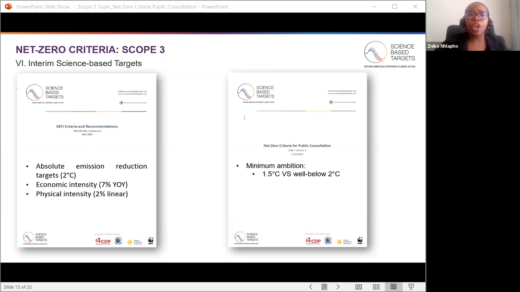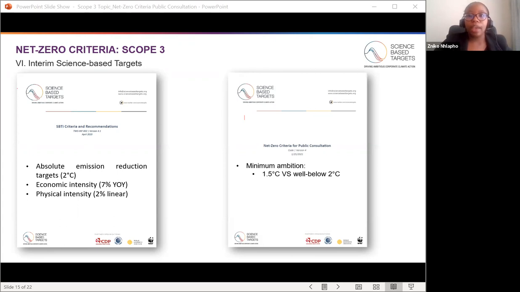Secondly, economic intensity targets need to result in at least a 7% year-on-year reduction of emissions per unit of value added.